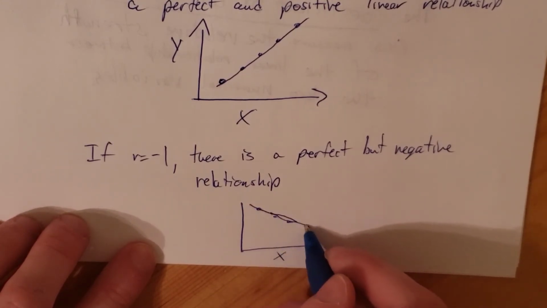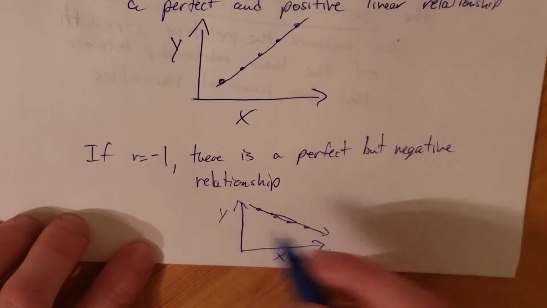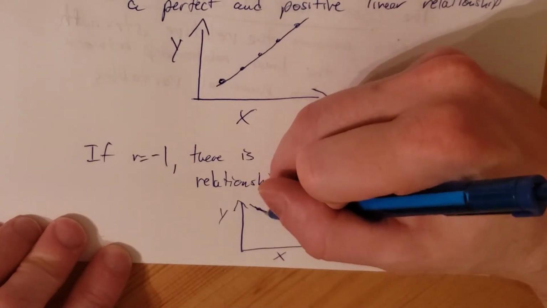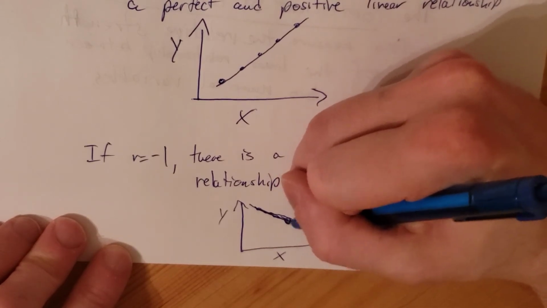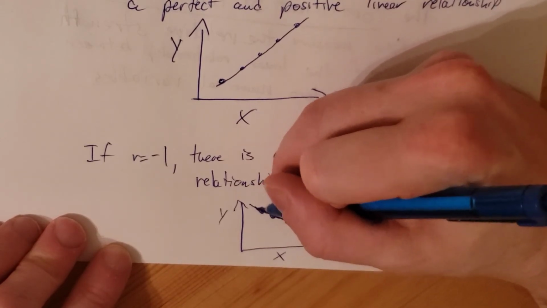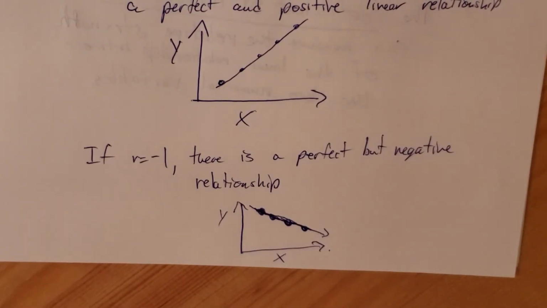So there's a perfect correlation between the two variables, as in every data point lies on a line with negative slope here, if r is -1.